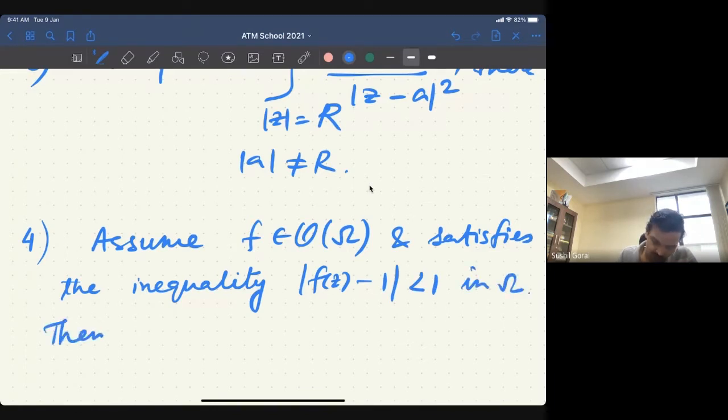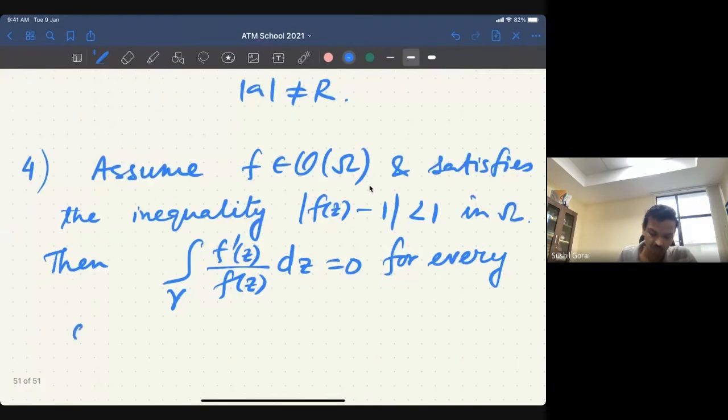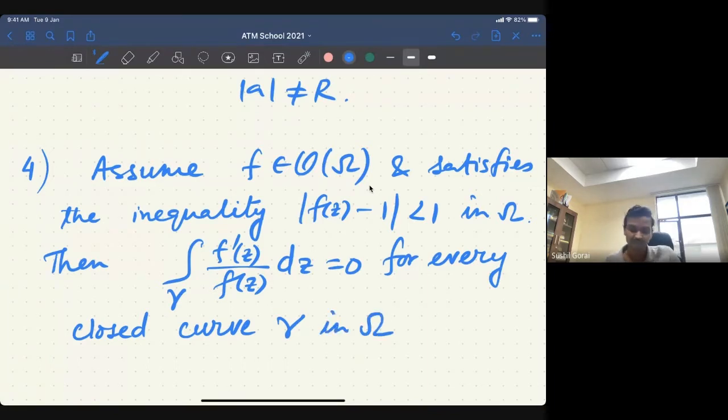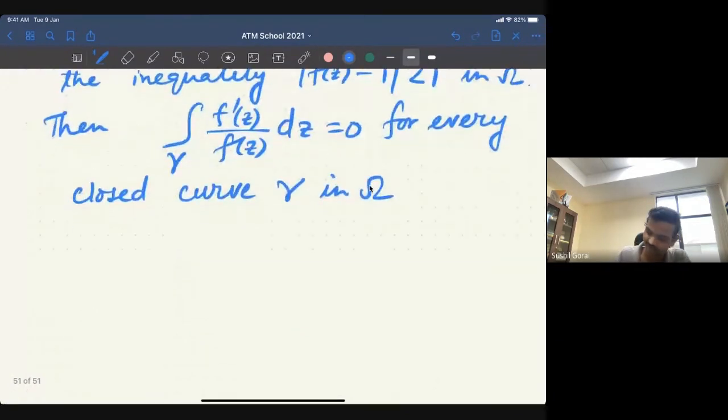Then the integral over gamma of f prime z by f(z) dz is 0 for every closed curve gamma in omega. All right, we'll see an application of this one in today's lecture.